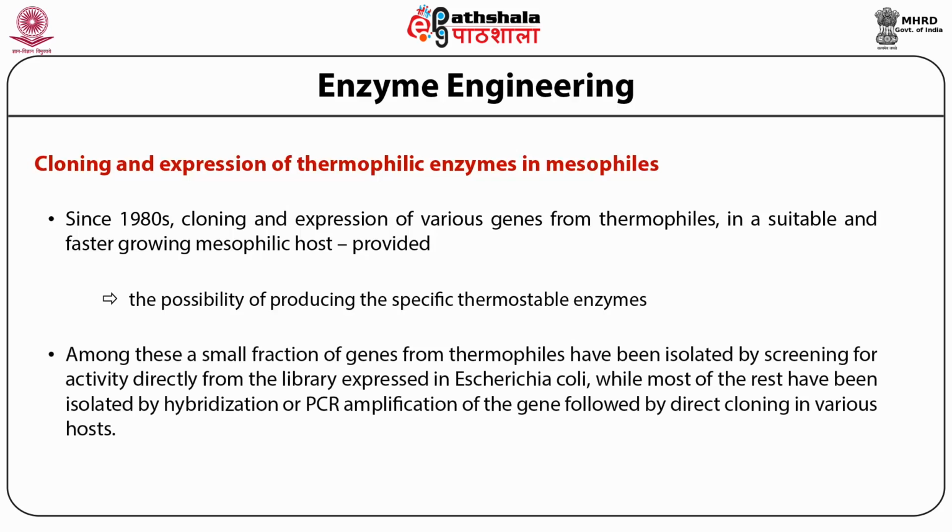The first one, where the library of the genes, which was isolated from these host thermophiles, was generated in the mesophilic host, for example, E. coli, and the selection was done by screening the library for activity. In the second, alternate method, the genes were isolated by hybridization or PCR amplification of the gene, followed by their direct cloning into various hosts.